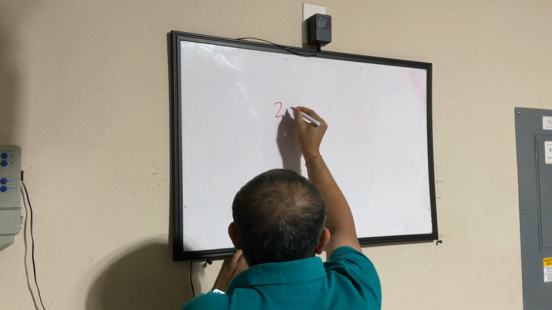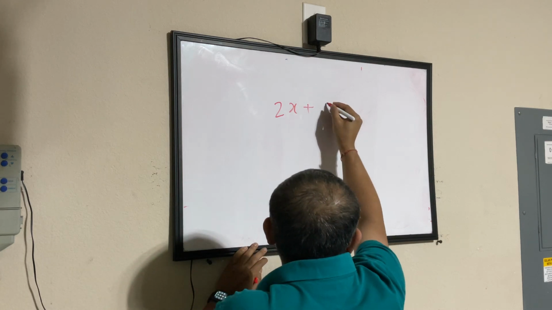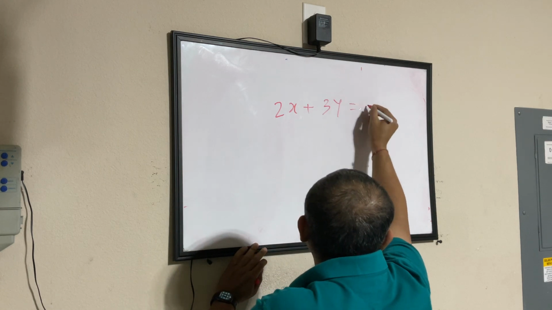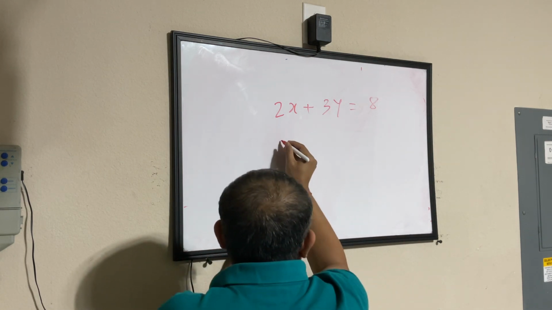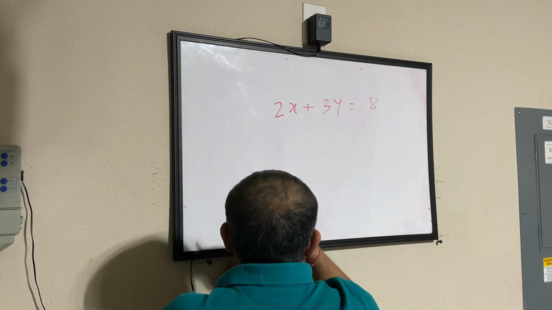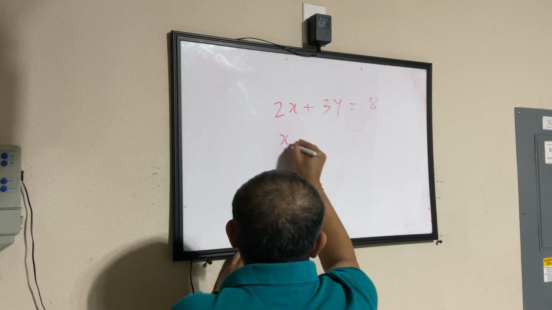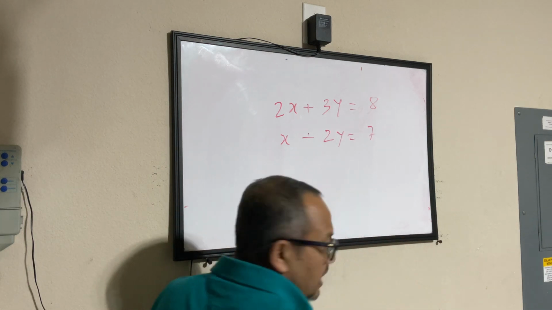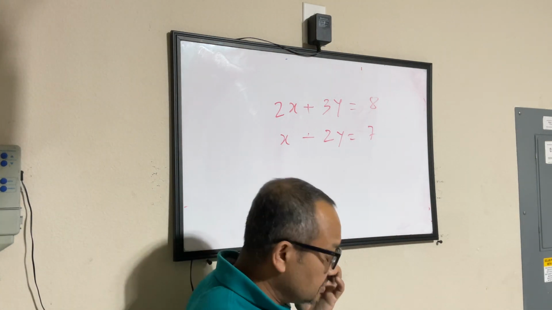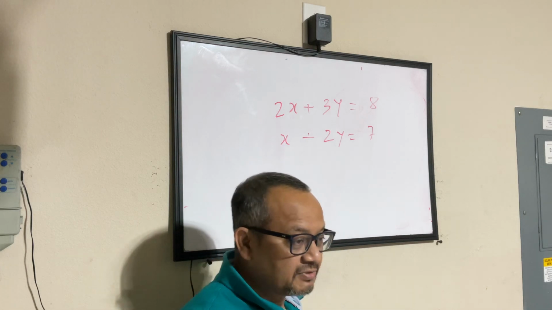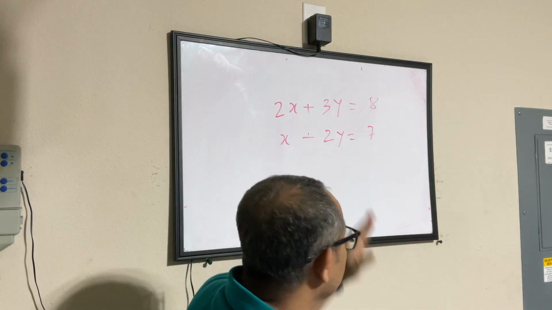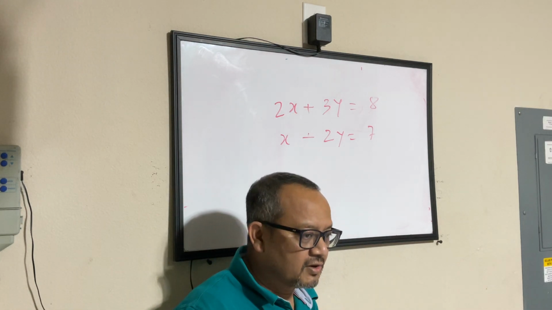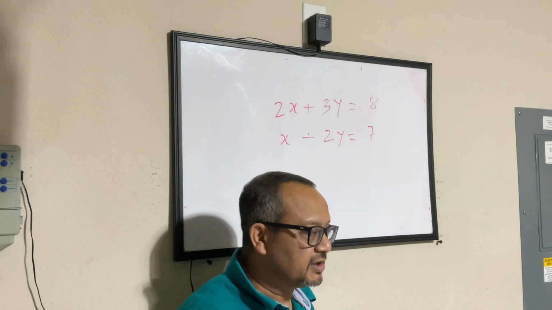Let's say if we have a system of equations like 2x plus 3y equal to 8, and then x minus 2y equal to 7. I have these two equations. We know how we solve the linear equations, right? You have two equations, two variables, you'll be able to solve it following the basic algebra that we all know, right?